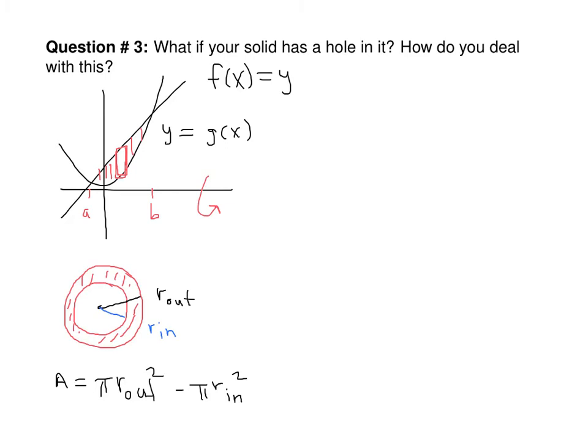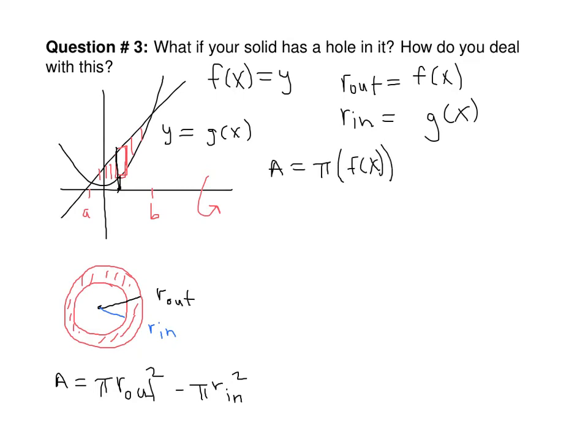And in our particular case, your outer radius, that's the distance from the axis of rotation to the outer curve, that is f of x. And the inner radius is the distance from the axis of rotation to your inner curve, and that is g of x. So my cross-sectional area is pi times f of x, the quantity squared, minus pi times g of x, the quantity squared.